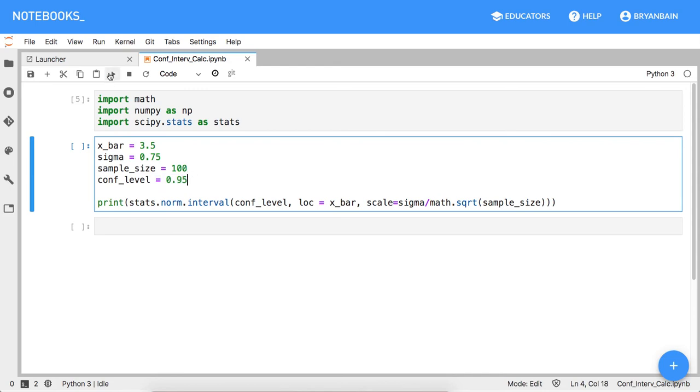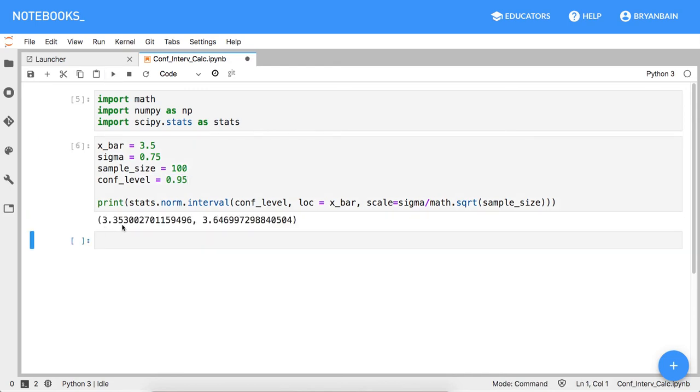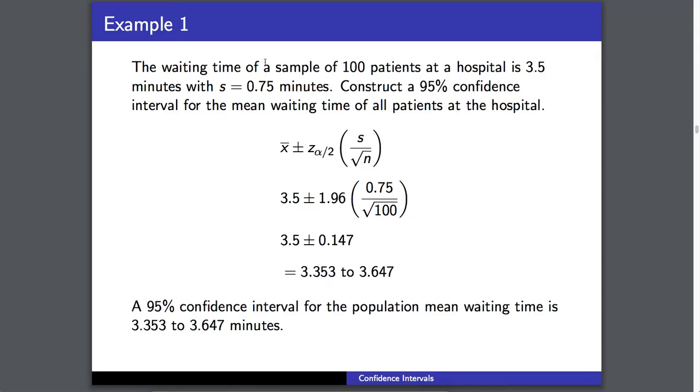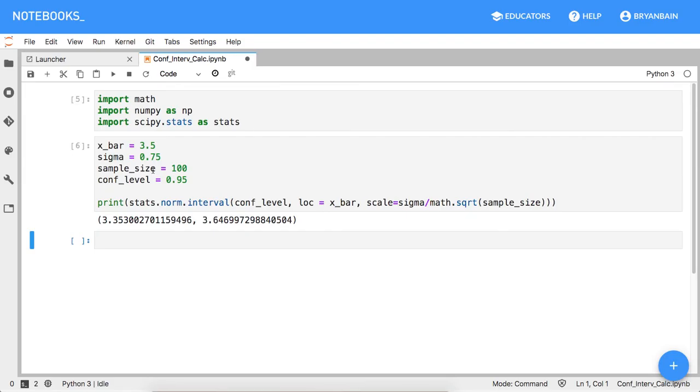And if I run this, here's my 3.353, and then here's my 3.647. So this one just goes out a lot more decimal places than the answer did. But we get our lower value for our confidence interval and our upper value for our confidence interval as well. So we can look at using the computer in the program for calculating these as well.